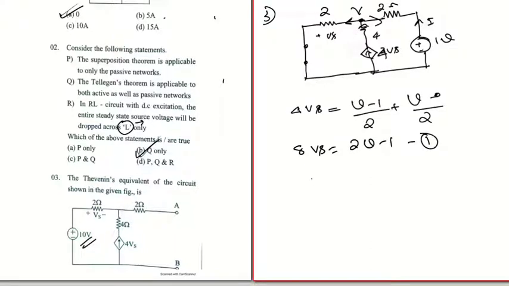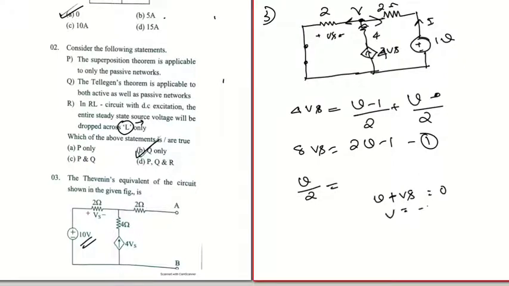Keep that in mind. And so V divided by 2 is actually V minus Vs equal to 0 plus Vs.